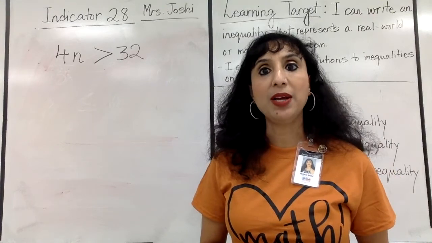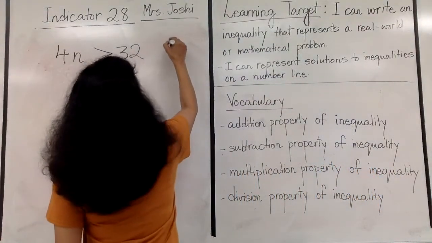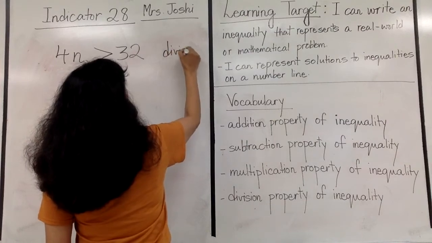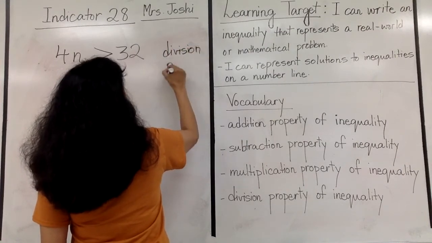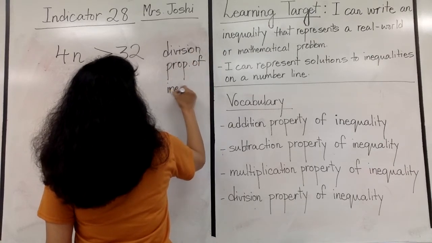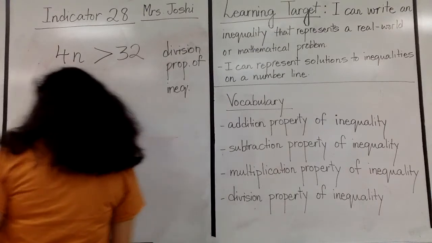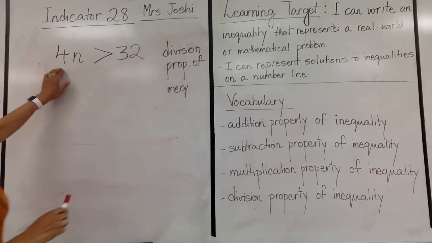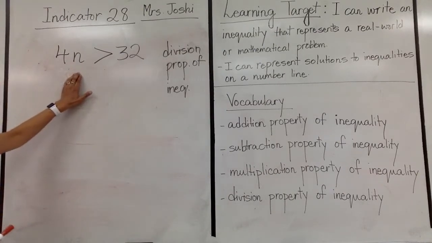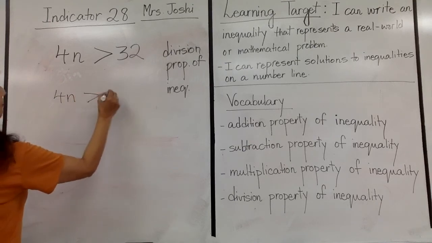So now, opposite of multiplication is division. So we are going to use the division property of inequality. Okay, and so since I have 4 over here, which is attached to the variable, I'm going to divide both sides by 4. So let me just write this down so you can see what I'm doing.